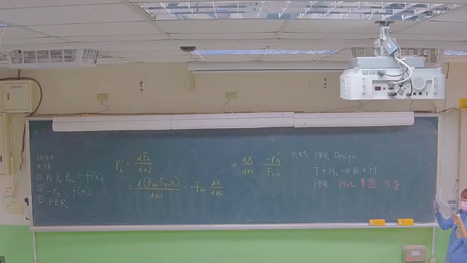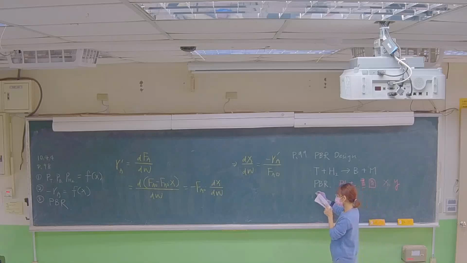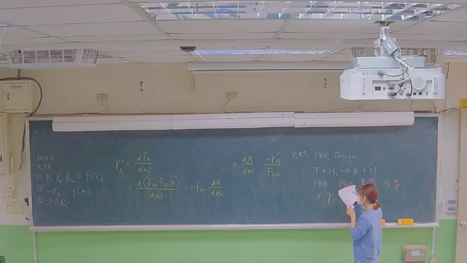So you can see the second sentence. Plot the conversion. Conversion is x, right? The pressure ratio and the partial pressures of toluene, hydrogen, and the benzene. So that is toluene, hydrogen, and benzene.